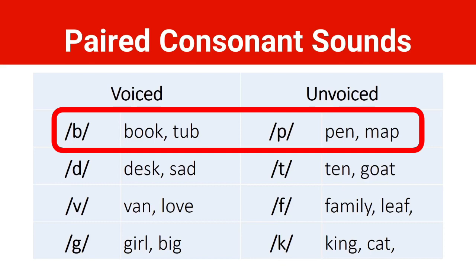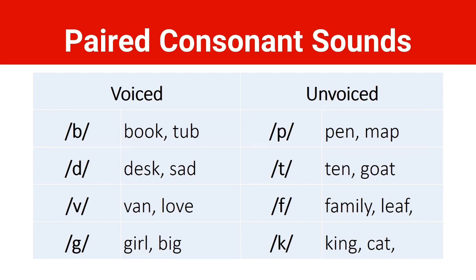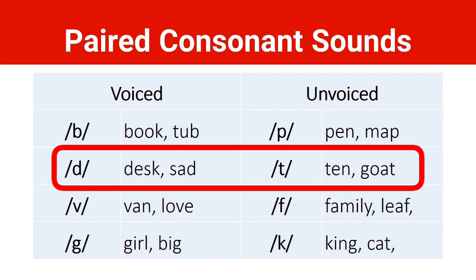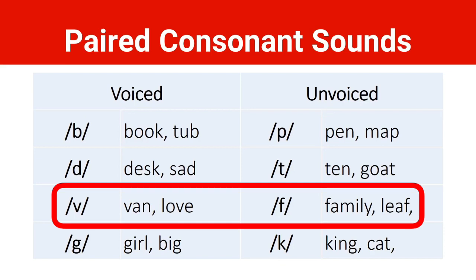There is no vibration. P, pen. The next pair is d and t. D, desk, sad. T, ten, goat.